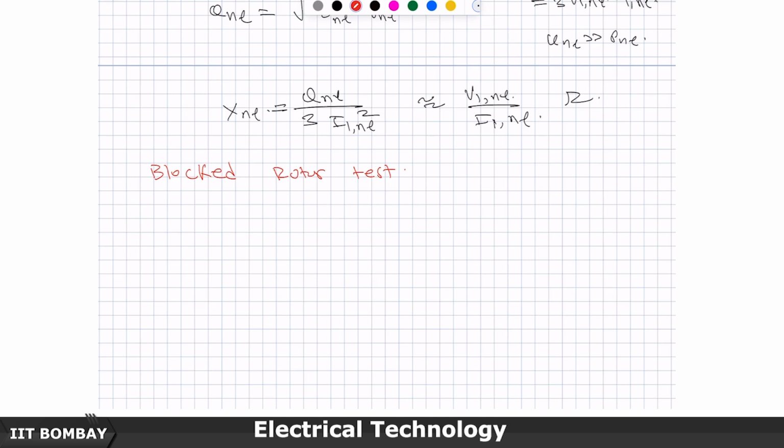Now, in the blocked rotor test, I want to dive deep into the parameters of the secondary side, R2 dash and X2 dash, and to do that, I cannot allow S to go towards 0. So, the best is to hold the rotor at standstill, so that S becomes unity. Then 50 hertz current will also start flowing through the secondary side, and you can do the parameter estimation.